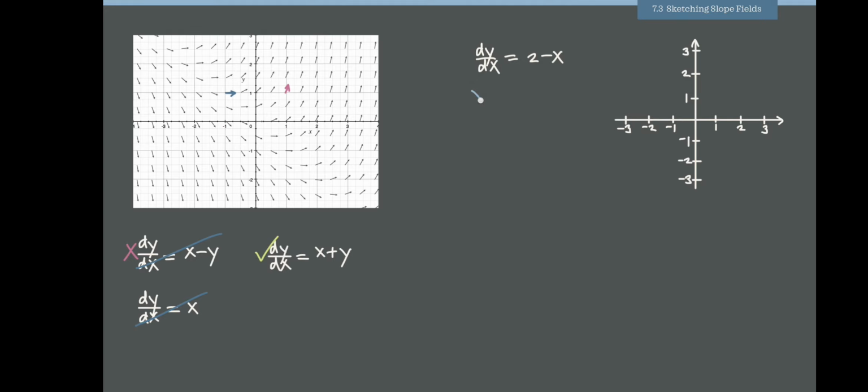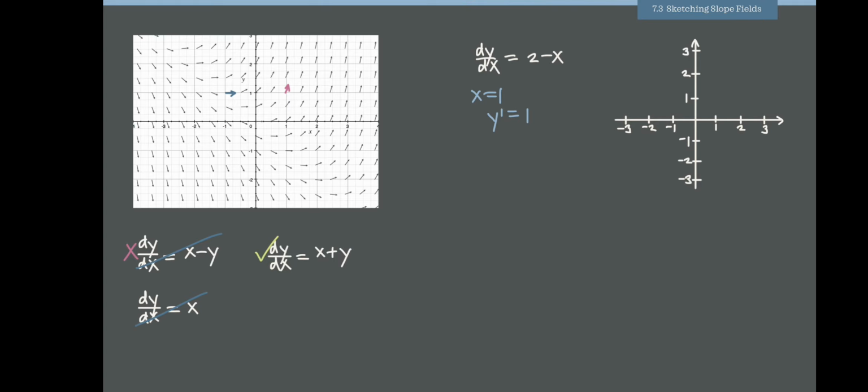Let's look at x equals 1, for instance. So at x equals 1, we're going to get 2 minus 1 is 1. So we get dy over dx, or y prime, is equal to 1. And because there's no y variable involved, regardless of the value of y, the slope is still going to be positive 1, which means that all along the vertical line x equals 1, our slope is positive.